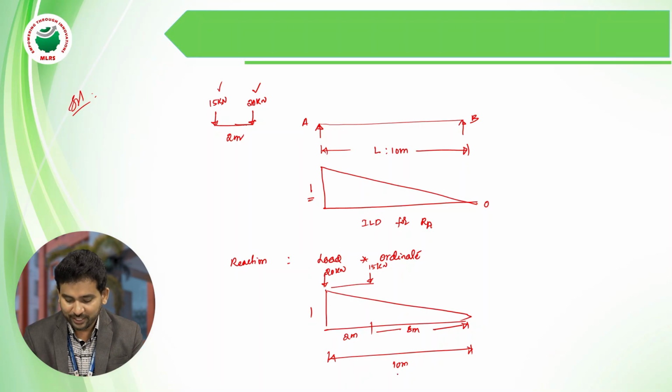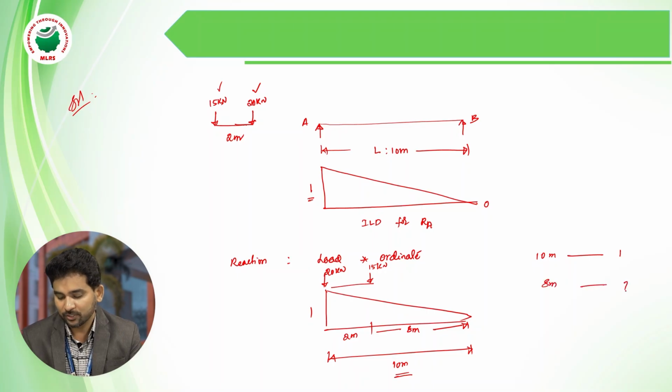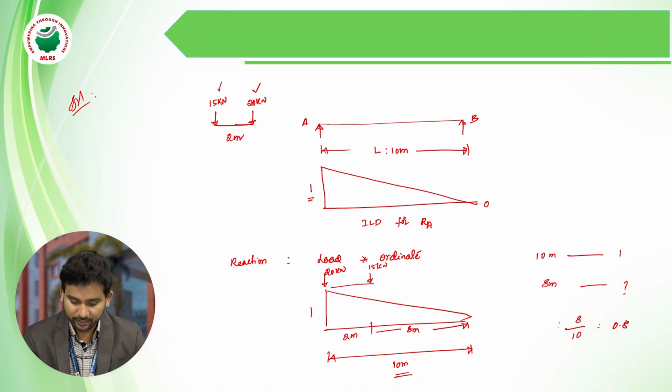So already for 10 meters, the ordinate is 1. For the rest of 8 meters, how much? Just cross multiplication, then the ordinate will be 8 divided by 10, therefore the ordinate value is 0.8. So under 15 kilonewton, the ordinate value is 0.8.